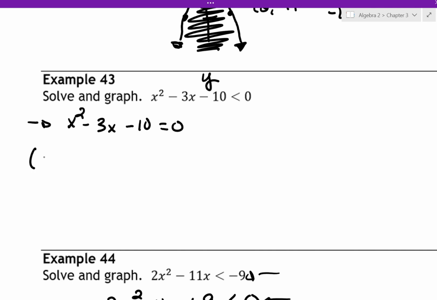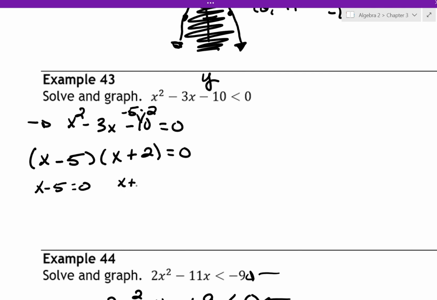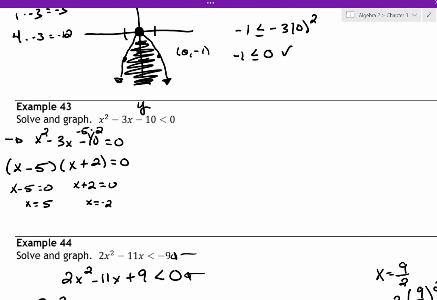This will factor to be x minus 5, x plus 2 equals 0. So what I did is I took my negative 10 and I said, well, that's really negative 5 times 2, and that adds up to be negative 3. Now here I can say, well, x minus 5 is 0, and x plus 2 is 0. So x is 5, and x is negative 2. Now I look at my number line.